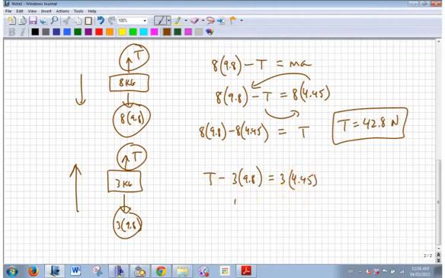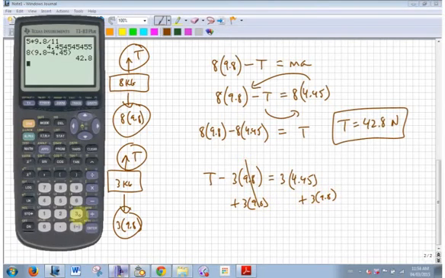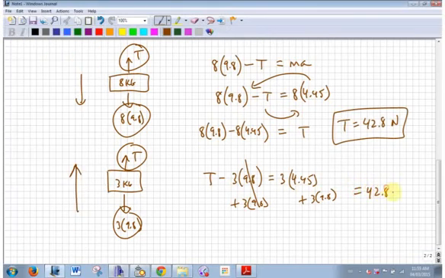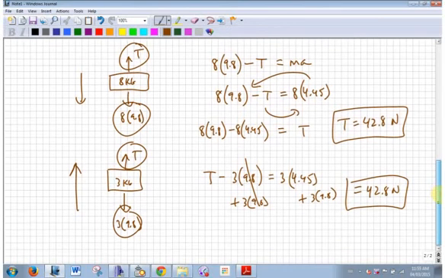If I solve that for tension, then I get 3 times that plus 3 times that. And is that the same thing? You bet. Better be. Because tension's the same everywhere. Thank you, sir. All right. So that's an Atwood system, or call it pulleys. One more.